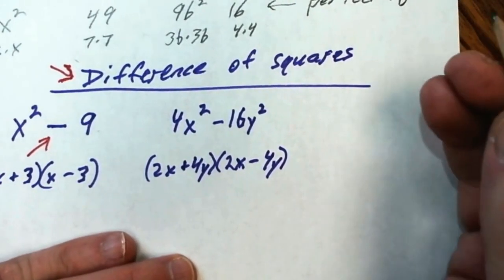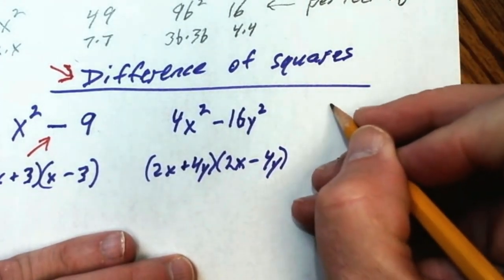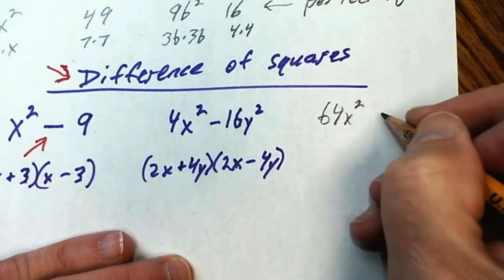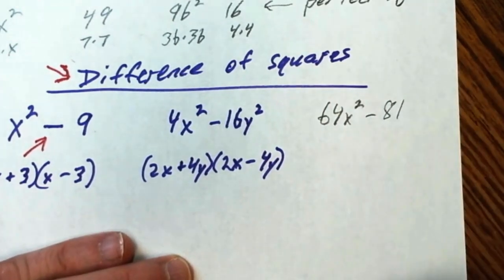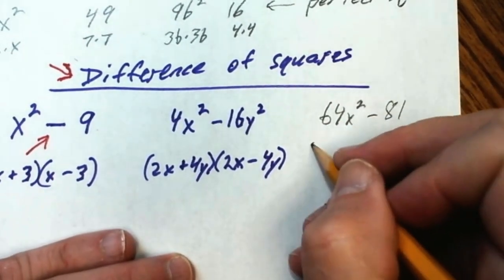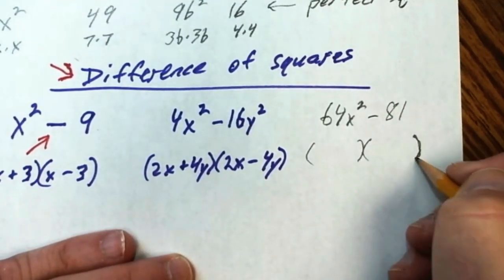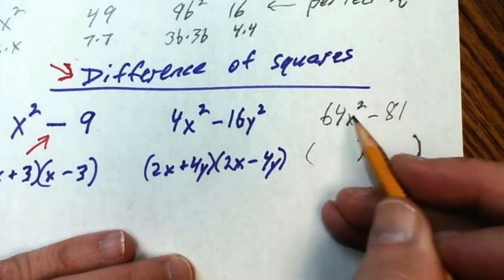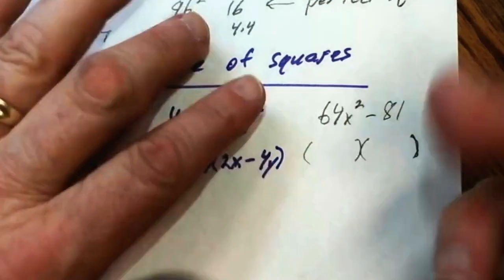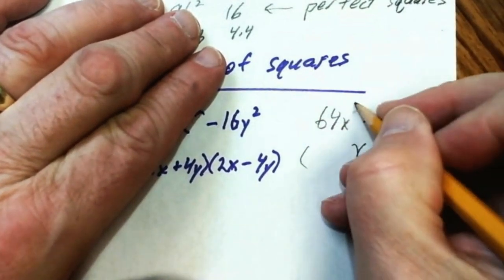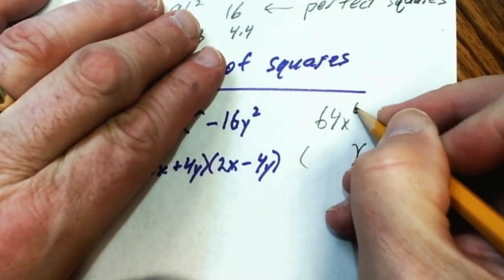So let's do 64x squared minus 81. Cheat code, we can factor that into two factors because it's a difference and these are perfect squares. Oh, let's make this even more interesting. Let's say this is to the 6th power.